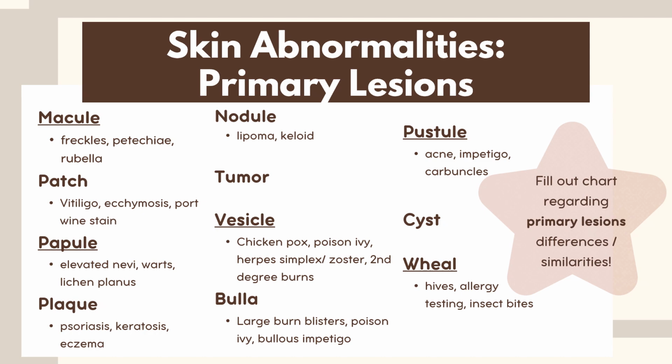So for instance, with a wheal, think of any allergy testing that somebody does, they typically do it on the back. There will be these little wheals, like elevated underneath the skin. Then you have TB testing. You probably got a TB test before nursing school where they put it underneath your skin in your forearm. Hives, or your urticaria, is an example of a wheal, or even an insect bite.